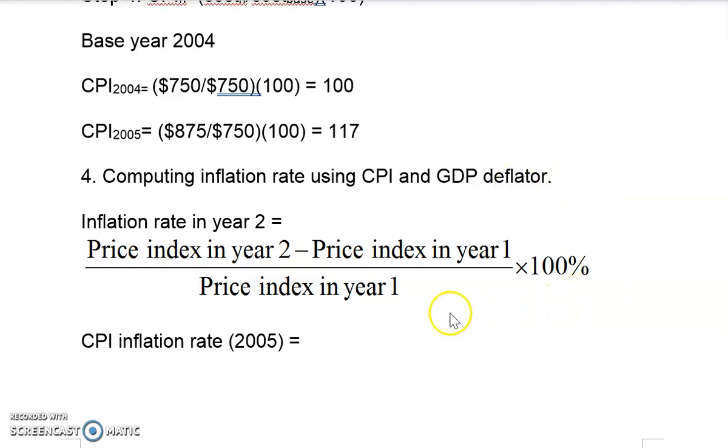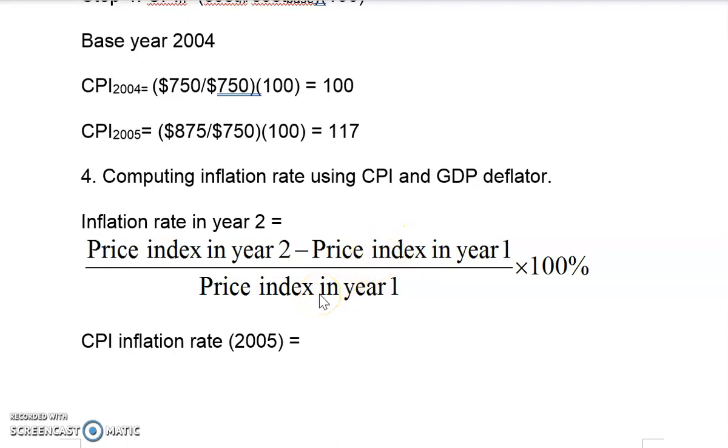So the formula is: inflation rate in year 2 equals the price index in year 2 minus the previous year, which is year 1's price index, divided by the price index in year 1.